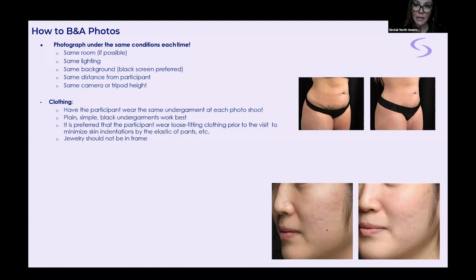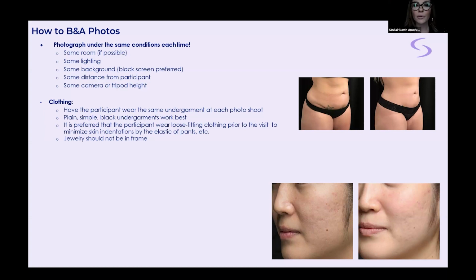A practice that I know used to do, whenever Victoria's Secret would have their annual sale, they would buy in bulk every size of very plain black thongs, booty shorts, briefs. It would be a gift for them at their consultation. And then they would say, bring these in every time for your before and after photos. So there are different ways you can do it, but just try to have them wear black undergarments or try not to have any clothes in it at all.